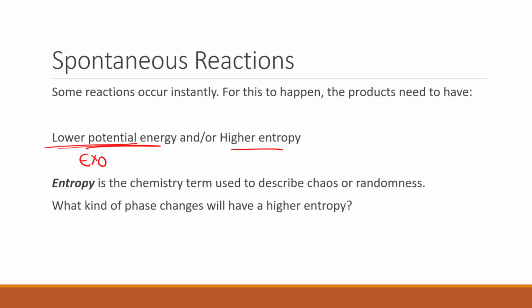So first, let's try to answer this question. What kind of phase changes? What are the 3 phase changes that result in higher entropy? That result in something having more chaos or randomness? Right? We're only saying phase changes right now.